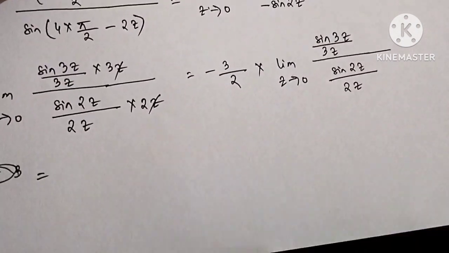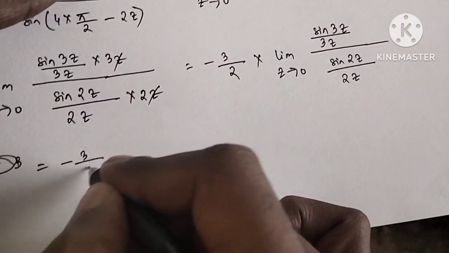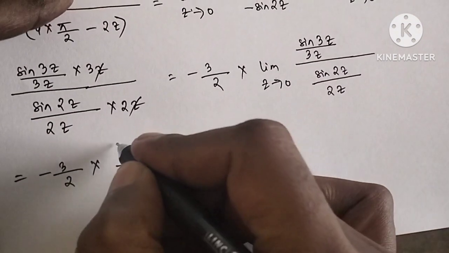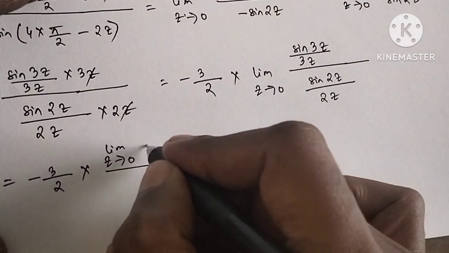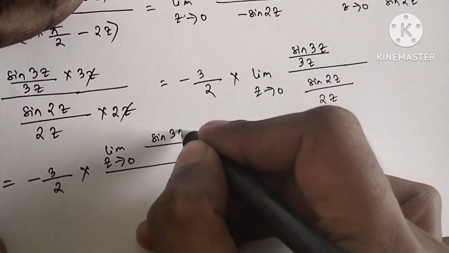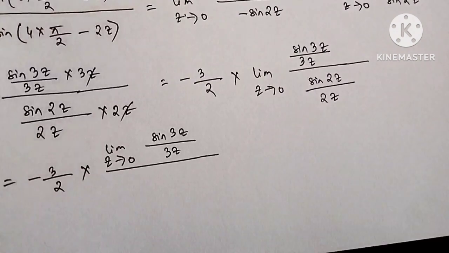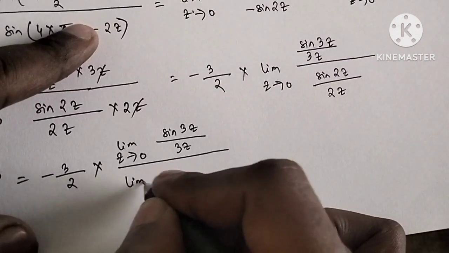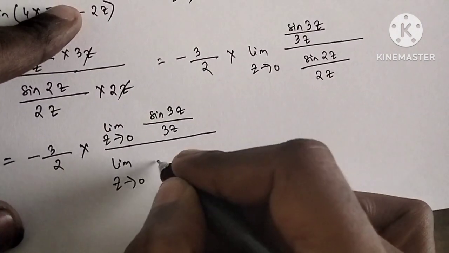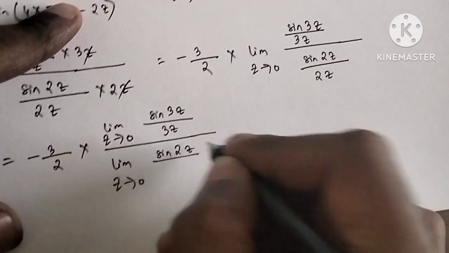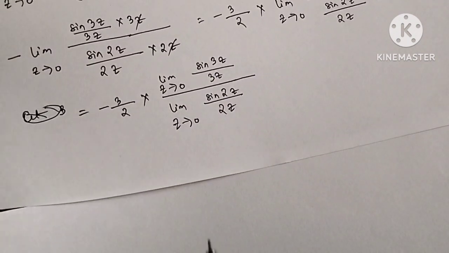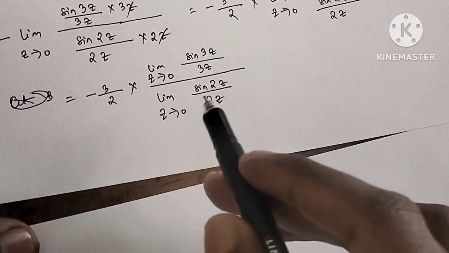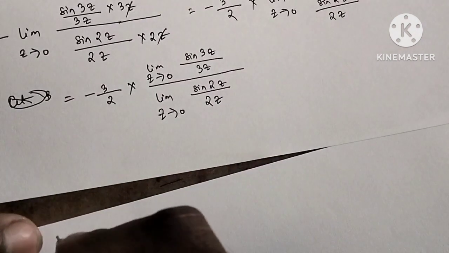So this can be written as minus 3 by 2 into limit z tends to 0, sin 3z by 3z. Okay, clear? Then limit z tends to 0, sin 2z by 2z. So now watch it.